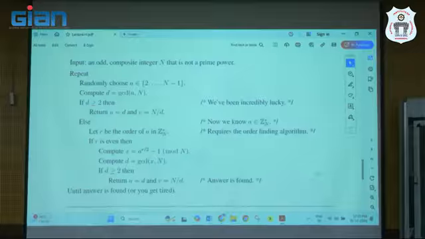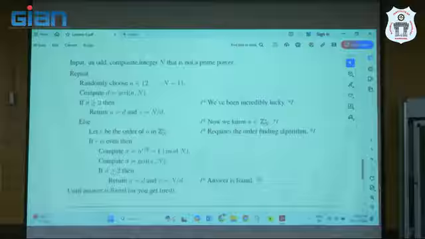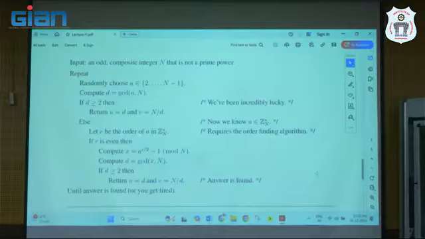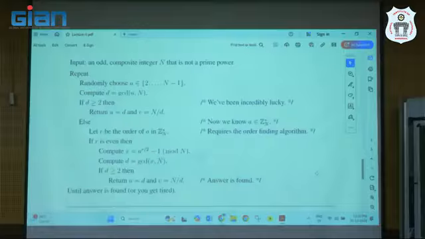If D is greater than or equal to 2, D has to be a factor of n also. Then you have found a factor, no? You are happy. So if A and n have a common factor greater than or equal to 2, then you are already happy. Agreed?